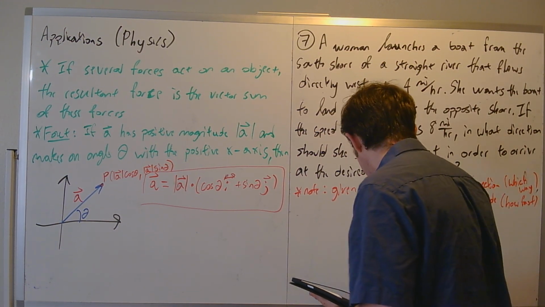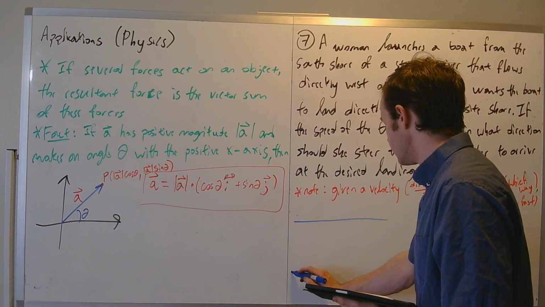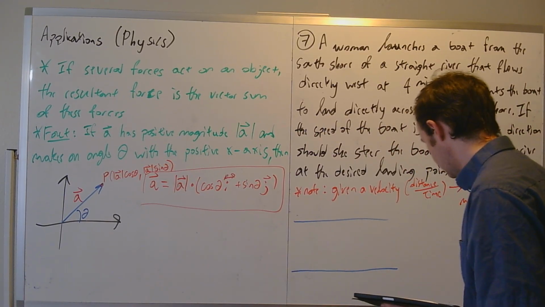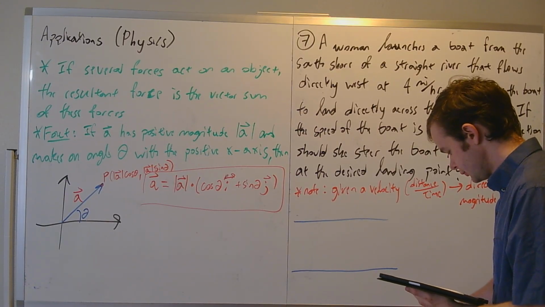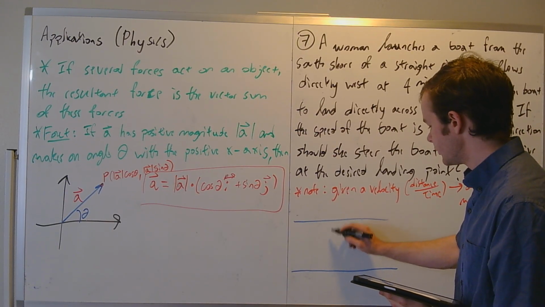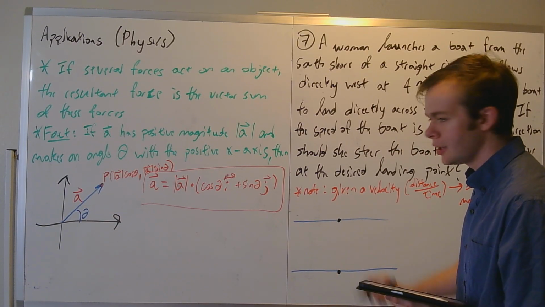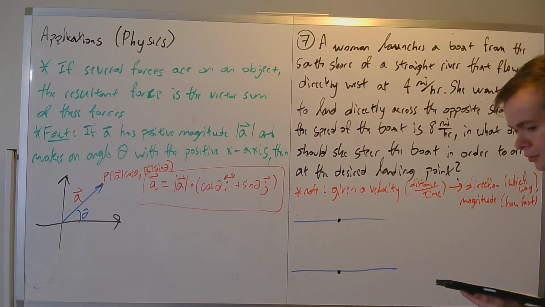So let me use blue to represent the river. So this is our river. We said it was perfectly straight. And we know that we want to get to this point, or let's say we start at this point, and we want to get to the point that's directly opposite on the other side of the river.